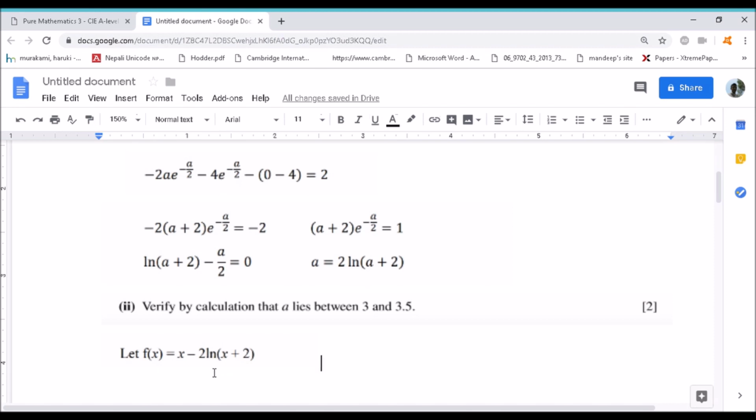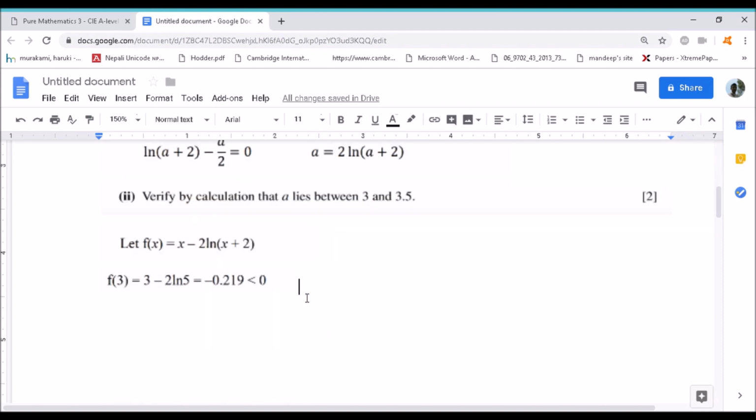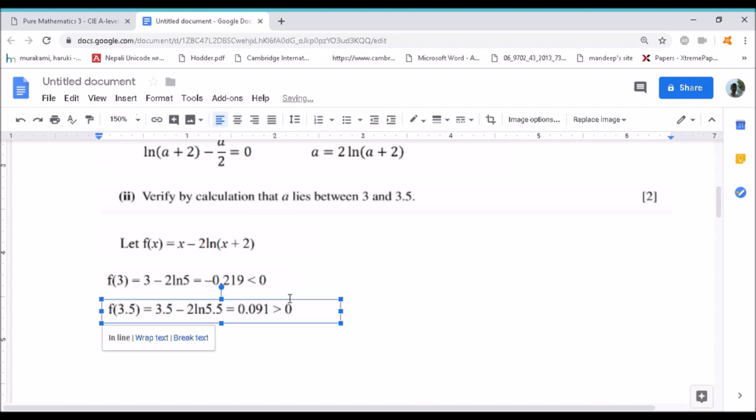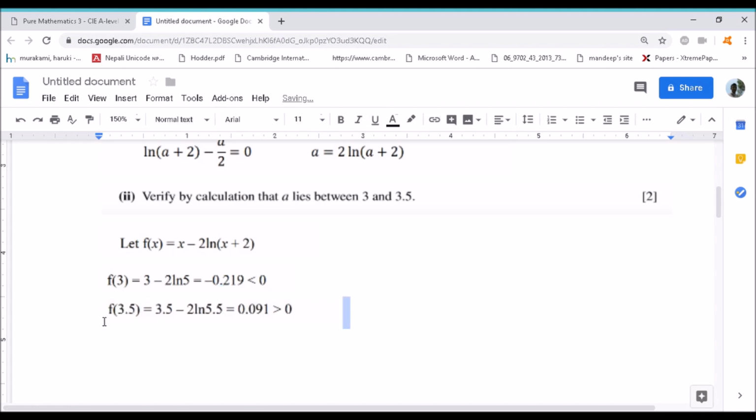So f(3) = 3 - 2 ln 5 = -0.219, which is less than 0. Then we again do that with f(3.5): 3.5 - 2 ln 5.5 = 0.091, which is greater than 0.